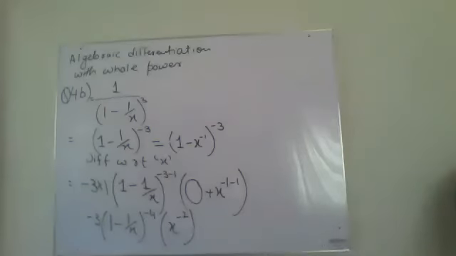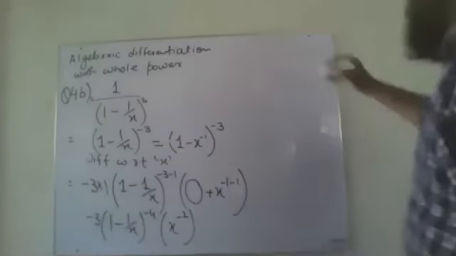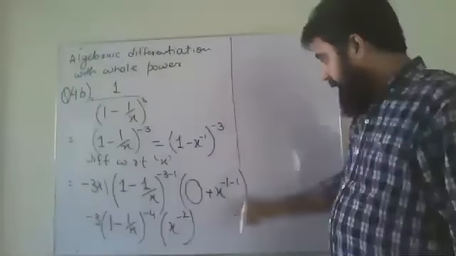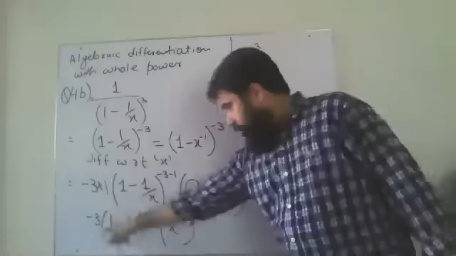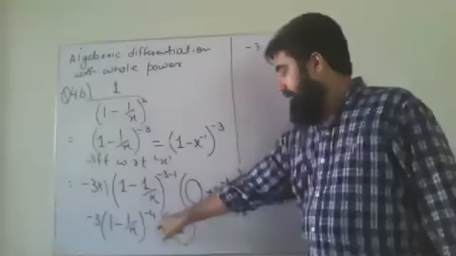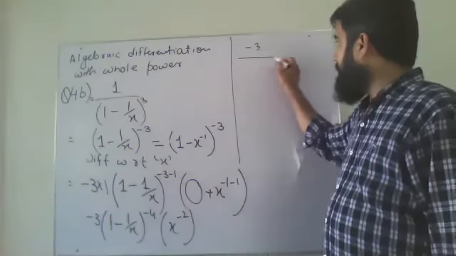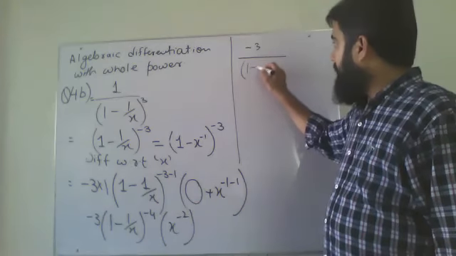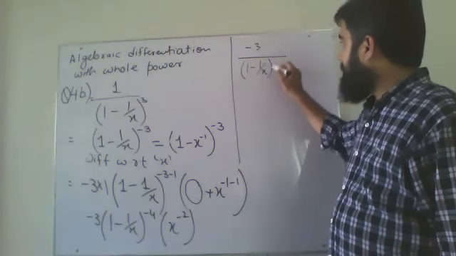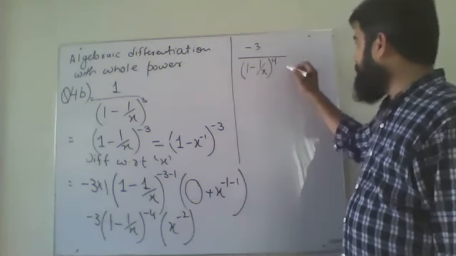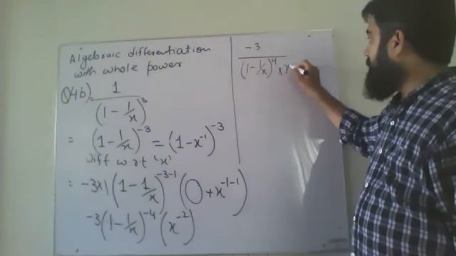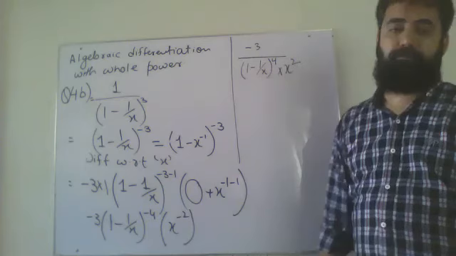Negative powers are not acceptable in our answers, so I am going to change it. Minus 3 will remain minus 3. This whole bracket has a power of minus 4, so I will convert it to 1 minus 1 over x whole power 4. And this x has a power of minus 2, so I'm shifting that also to the denominator as x squared.